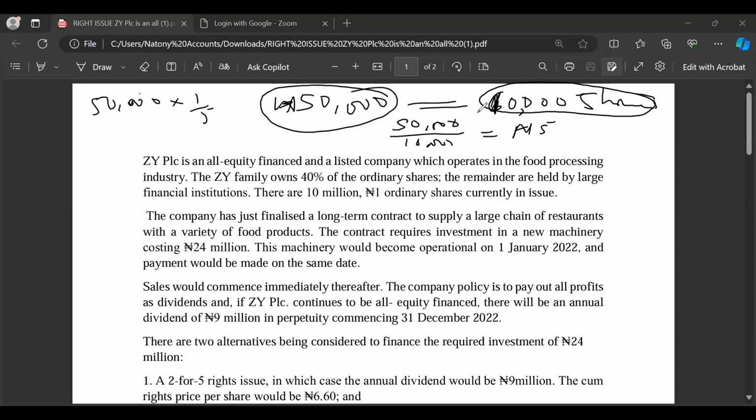So that will give you the number of shares that is expected to be offered as right issue. So if the existing share is 50,000 and is a 1-for-5, so 1/5, that gives you 10,000 shares. And if the company wants to raise 50 million, it means they are going to raise the 50 million selling 10,000 shares, and the value per share will be 5 naira.